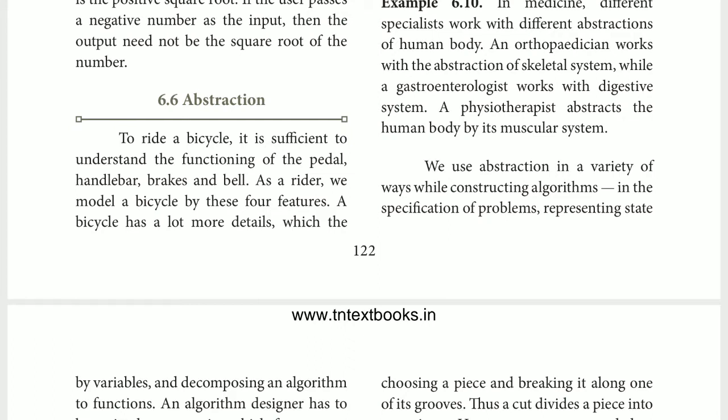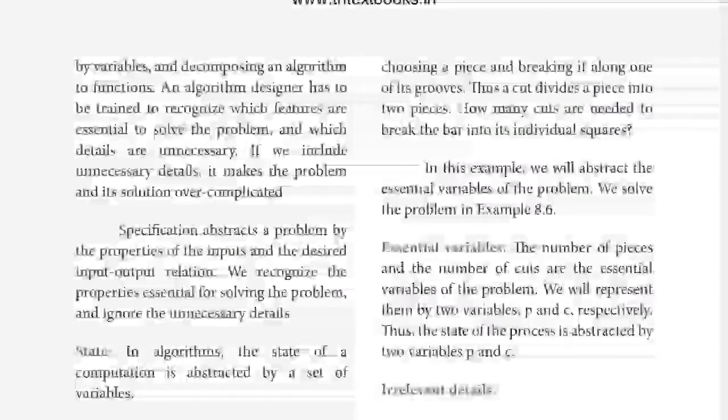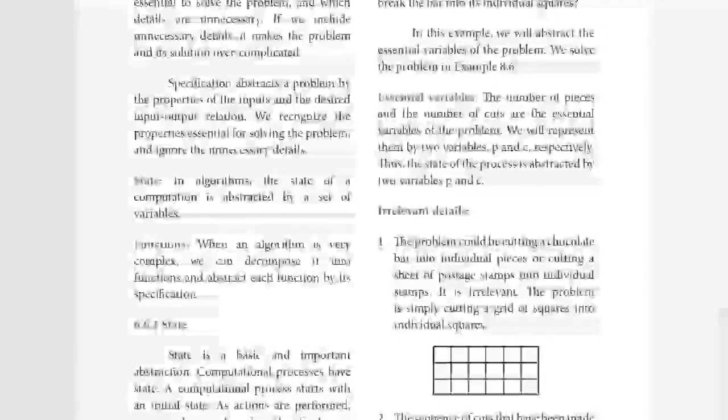When you start the bike, the fuel gets vaporized and goes to the engine, small combustion is going on, and that combustion is turned into mechanical energy, and you move. So this kind of detail is abstracted in the background. As a user you don't know it, but as a developer or an algorithm designer, you must know all these things. So that is known as abstraction: hiding some irrelevant details.